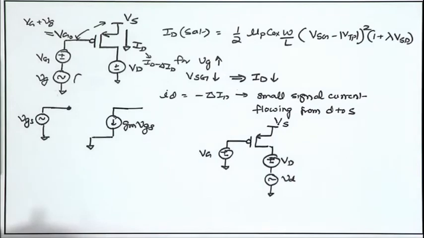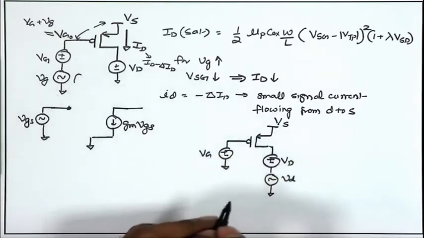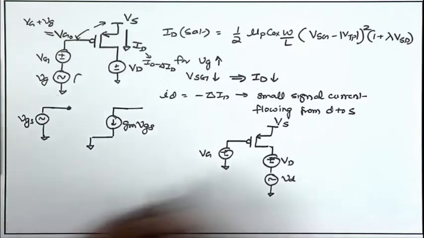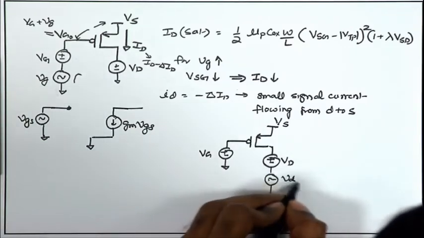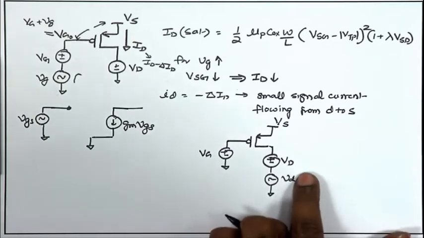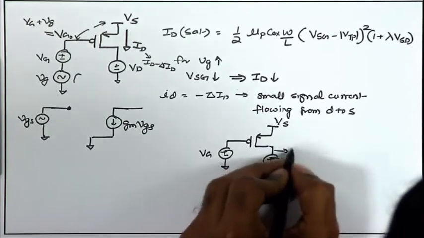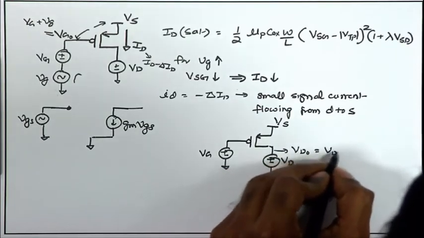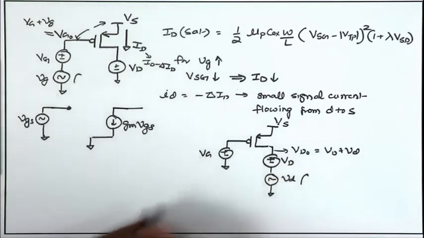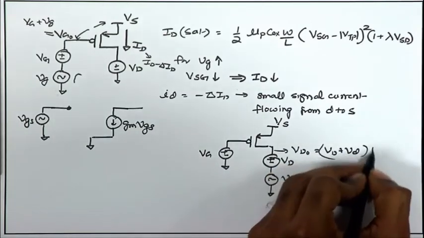In presence of this small Vd, what do I expect should happen to the small Id? Remember, if I increase the Vd, make it more positive, the absolute Vd, which I can call Vd naught, equal to Vd plus small Vd, is going up.